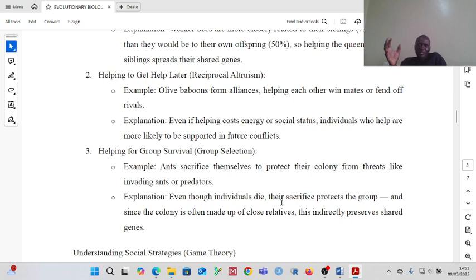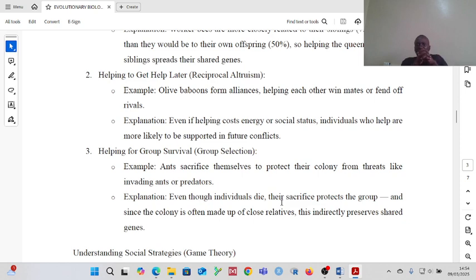And because members of that particular colony will be having shared genes because they have common origin at some point, they are closely related. So by sacrificing their lives, even if they die, they are helping indirectly to preserve shared genes. Okay?